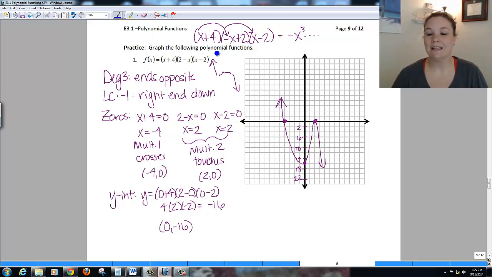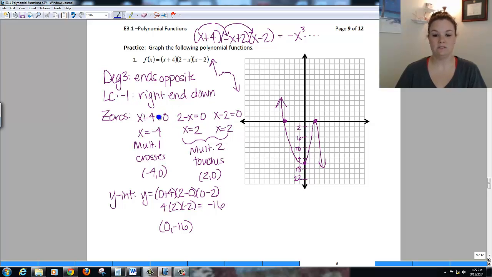To get our leading coefficient and our degree, we would look for the highest order term once this is all distributed out, which is what I get when I multiply my x terms together. So here when I do x times negative x, that's negative x squared times another x is going to give me negative x cubed and some other stuff. So right here I can see that my degree is going to be 3 and my leading coefficient is going to be negative 1. Okay, degree 3 means my ends go opposite. Leading coefficient of negative 1 means the right end goes down.